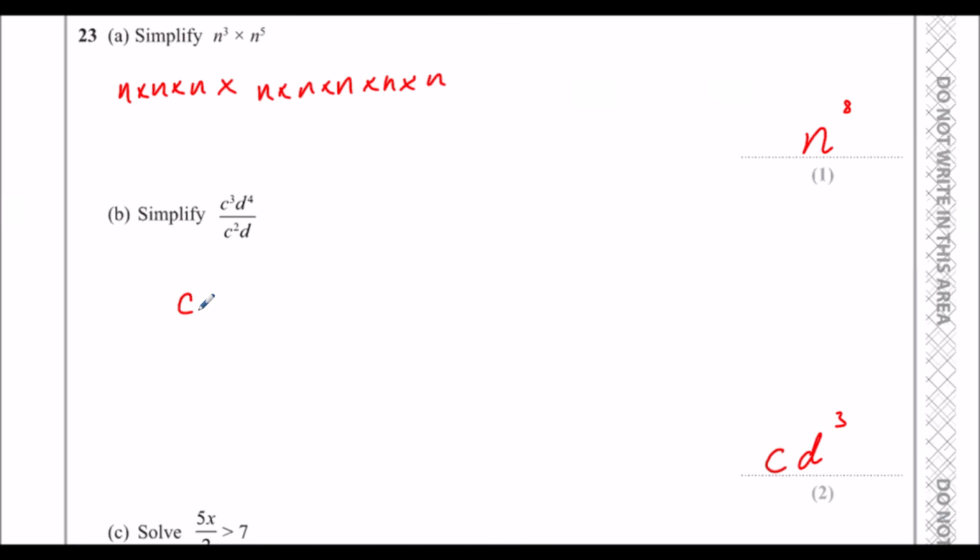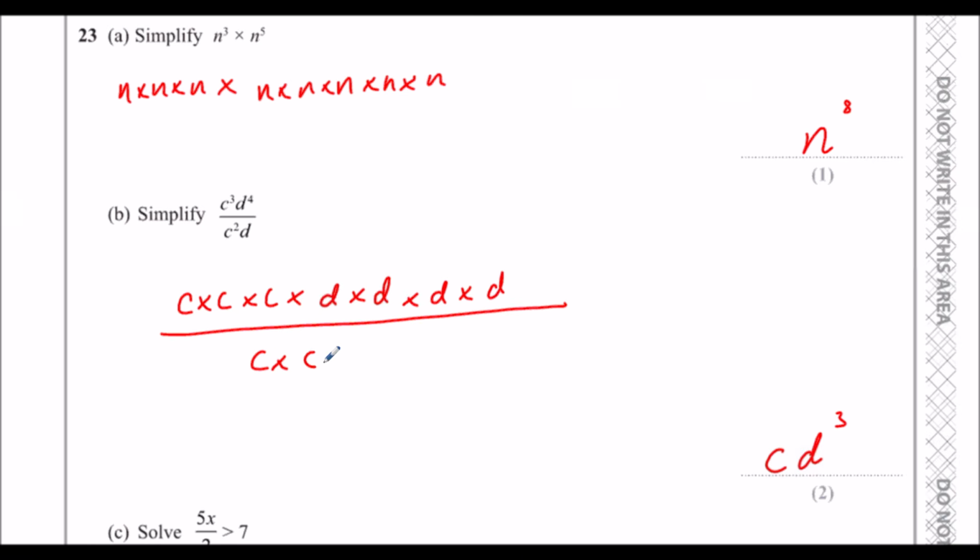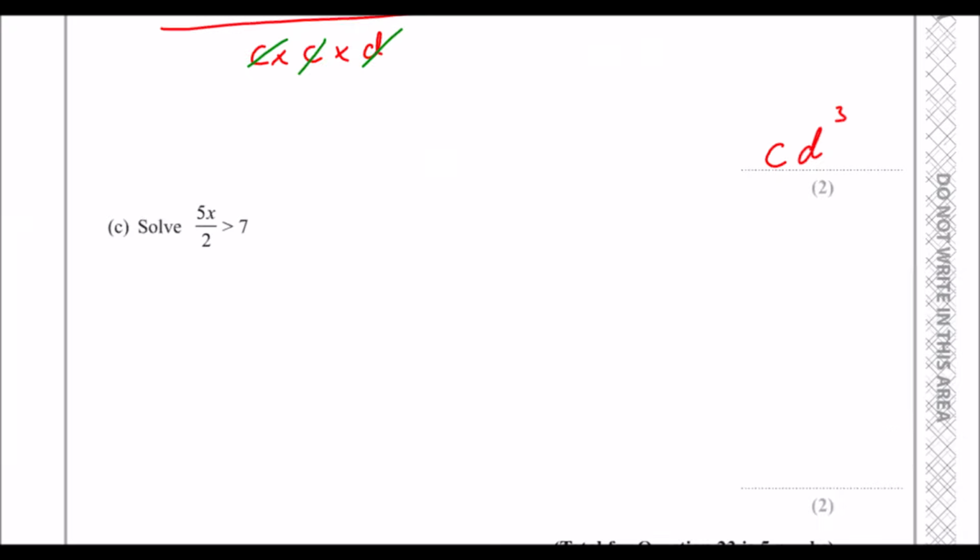So here we had c times c times c times d times d times d times d divided by c times d. So we can cancel off 2 c's and a d, which leaves us with c d cubed left.